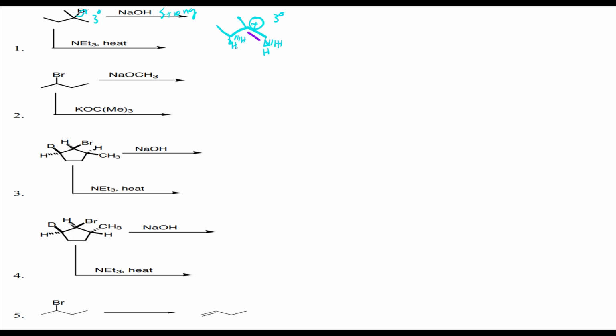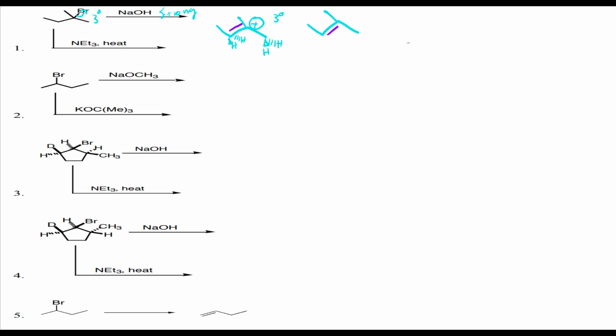Well, I'd rather do it over here. Why is that? Well, Zaitsev says that if I make a double bond right here, it's going to be the most substituted. Also it's going to be an internal double bond. Now, if I did it over here, ignore this purple one, this would be a terminal alkene, right? And it would be a 1,2. That would be disubstituted. Not good.